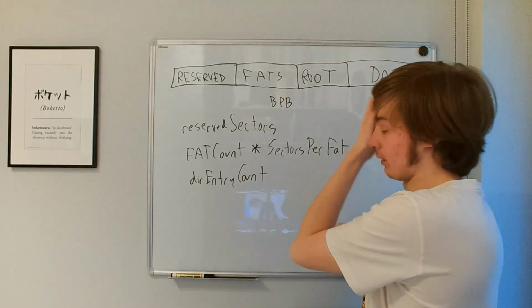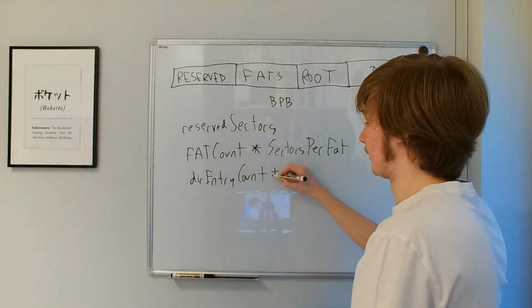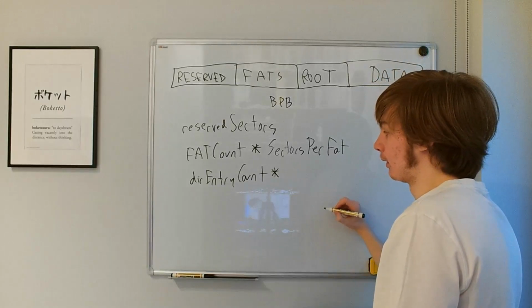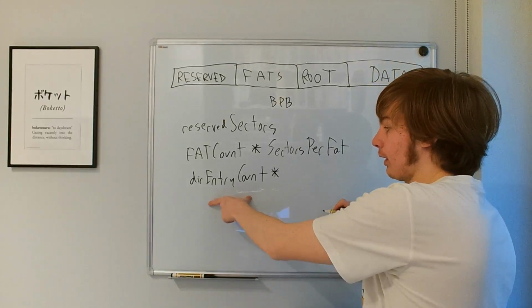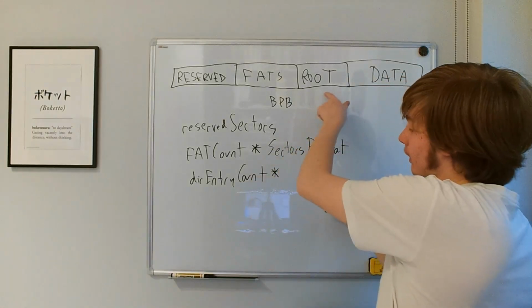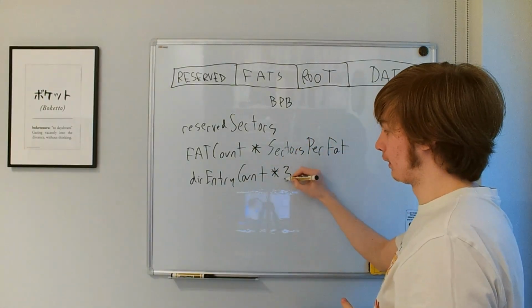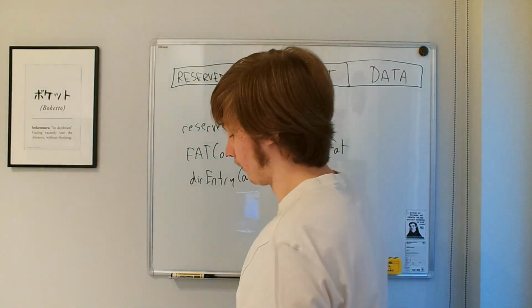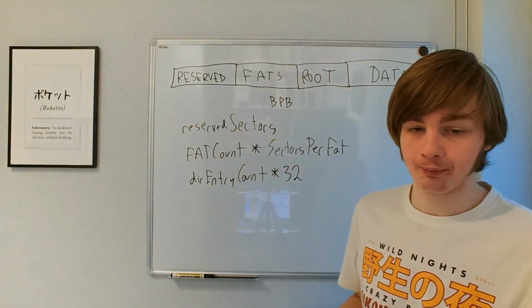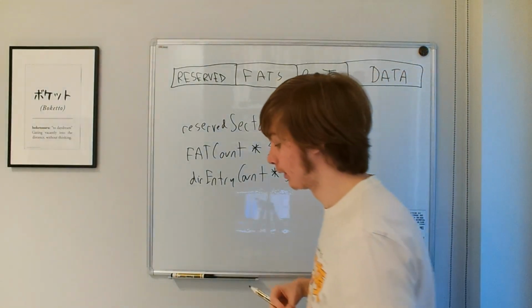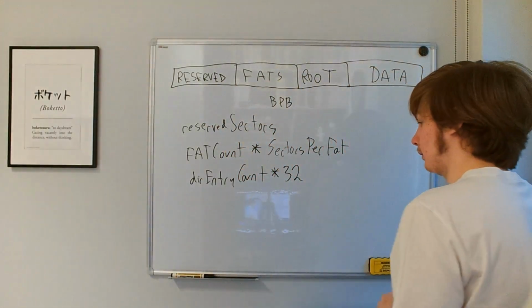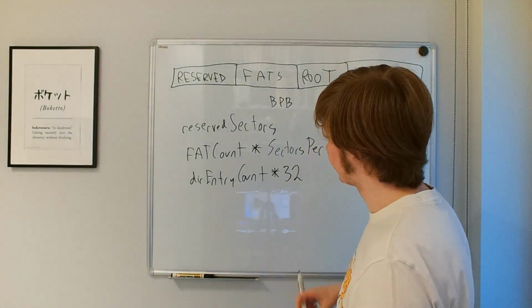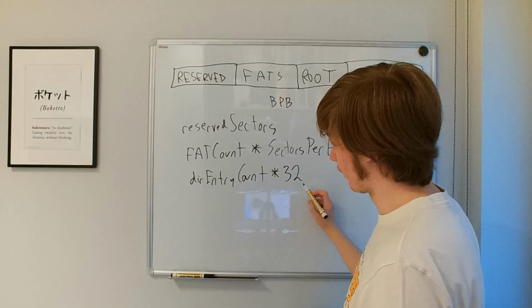And each entry in the root directory is always 32 bytes, not 32 bits, so you have to multiply by 32.